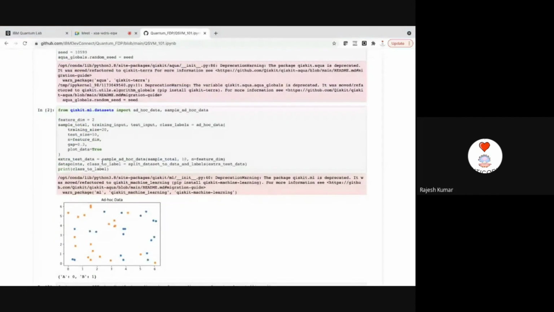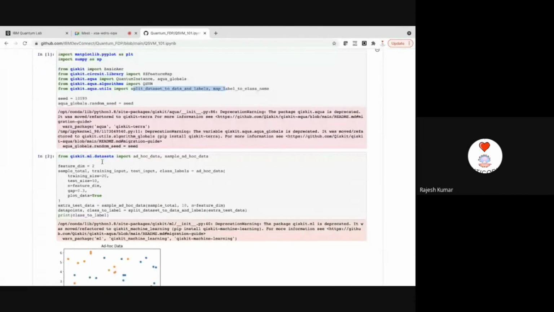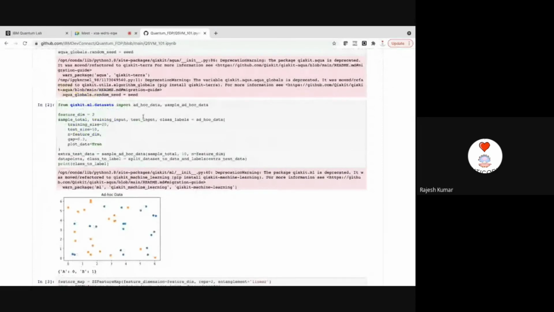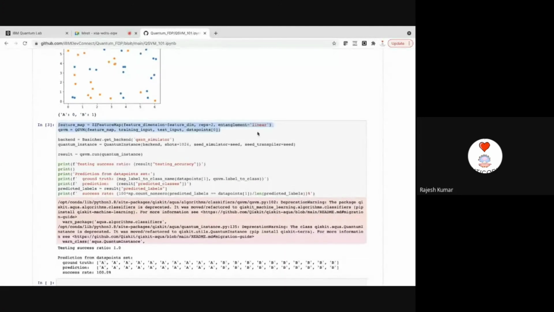And then here we have taken some simple data. You can search for quantum machine learning Qiskit. There will be many other samples available for other decent data sets. But here we have simple data. We are splitting it. That is the first step. All right, and then we do the feature map.